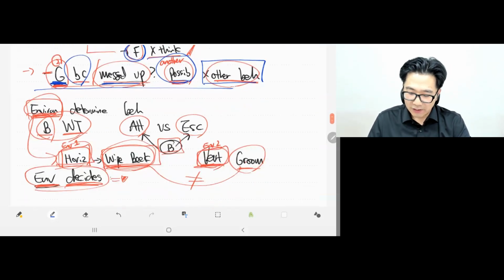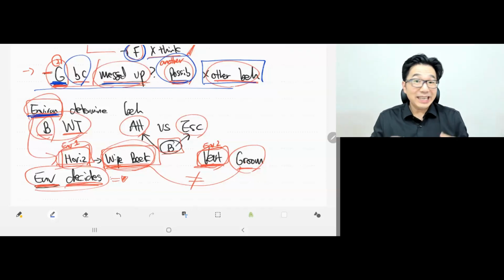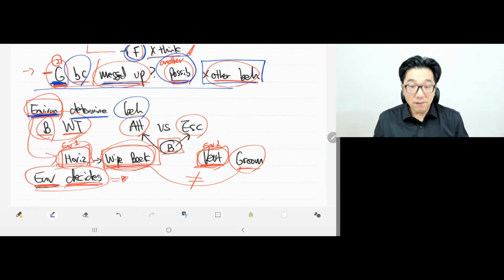Okay, so environment. Research shows the environment the animal is in actually determines the animal's behavior.